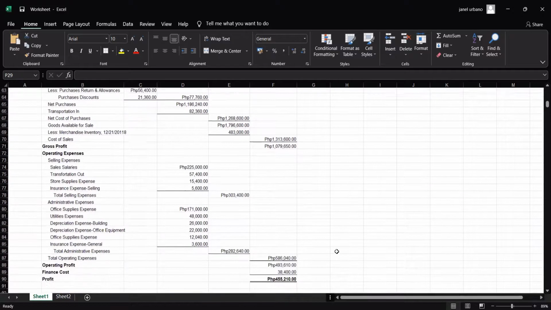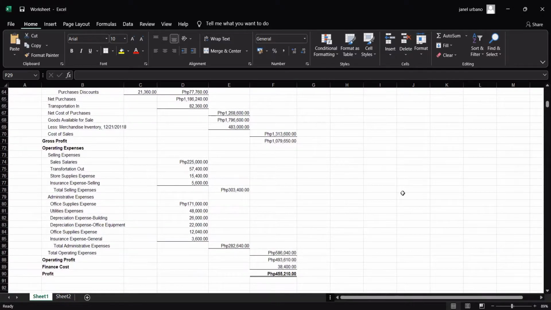Next, operating expenses. Those are selling expenses such as sales salaries, transportation out, store supplies expense, insurance expense, total selling expenses is 303,400 pesos.